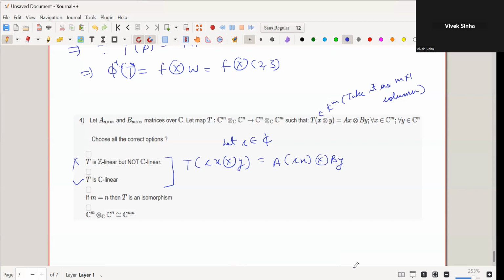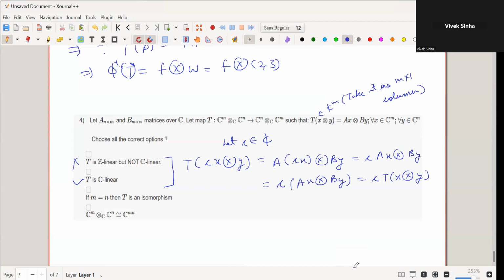So you can take this scalar out and you can write it simply as c times Ax tensor By, and thus it is nothing but c of T(x tensor y). So it's linear. With respect to addition also you can see there would be no issue.